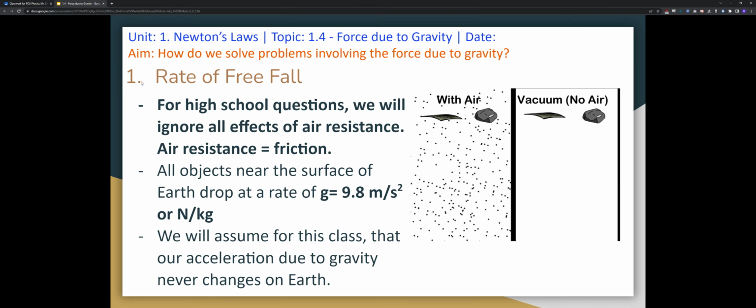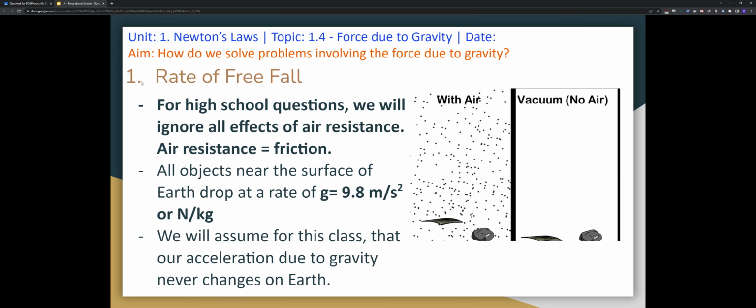But if you don't have any air, let's say you're in space or on the moon, all objects drop at the same rate. If there is no air resistance, it doesn't matter how light you are, it doesn't matter what your weight is, every object drops at the same exact rate.